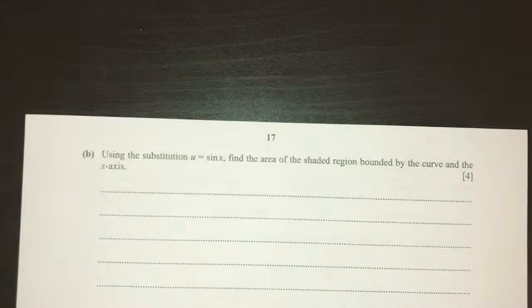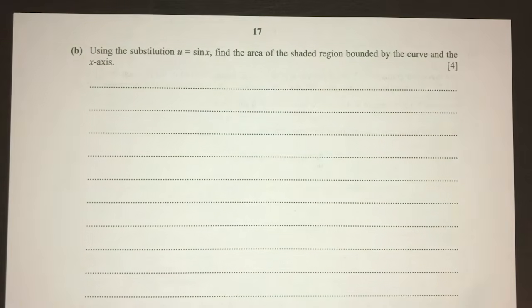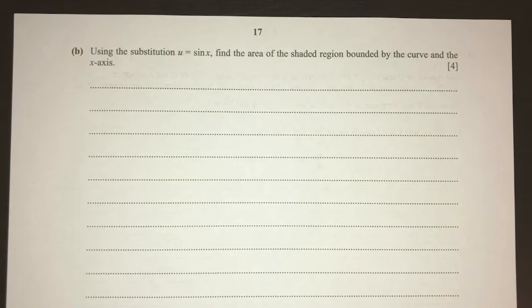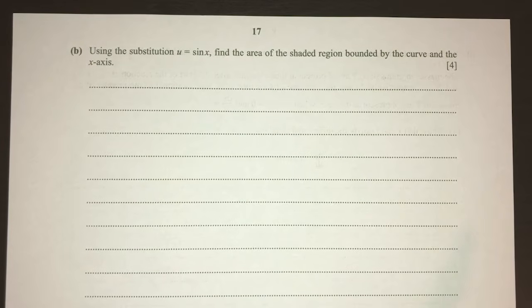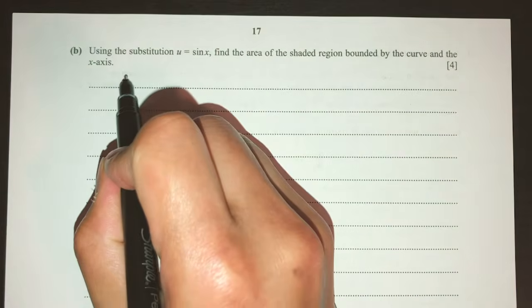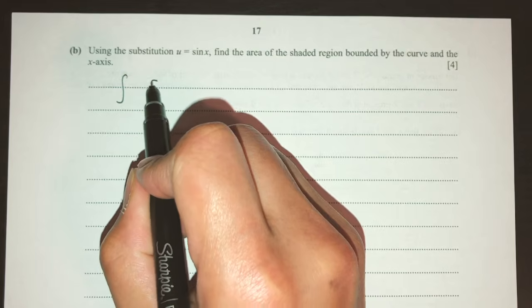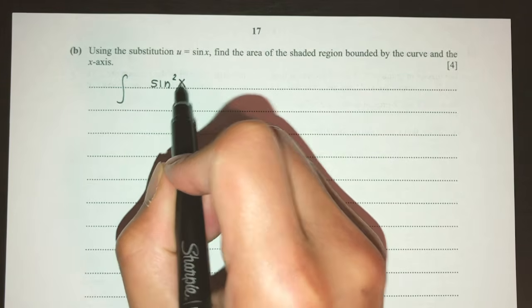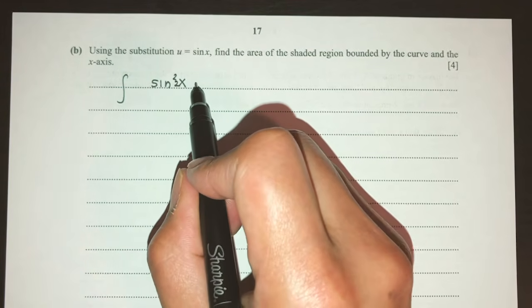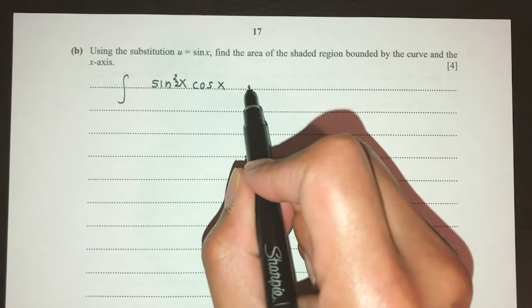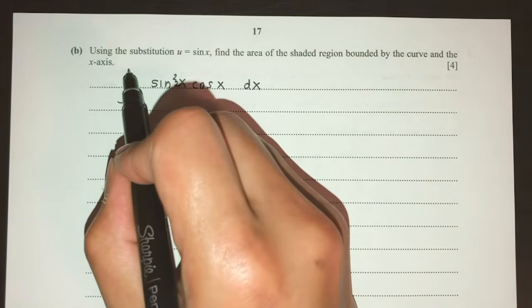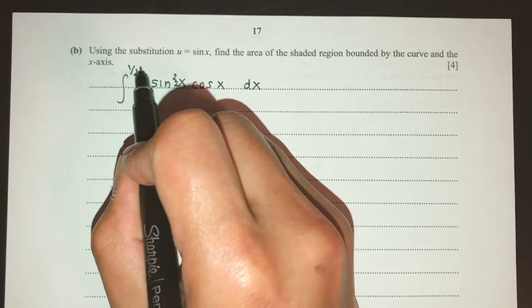Now let's move on to part B of the question. Here we have to use the substitution u equal to sine x to find the area of the shaded region. So right now we have the integration of the curve, which is sine squared of 2x cos of x with respect to dx, and the limits are given to you by 0 to half pi.